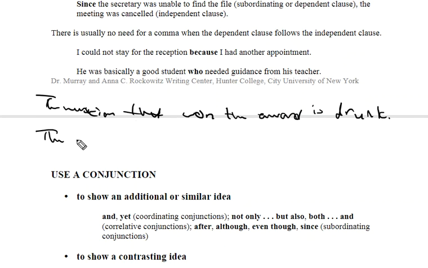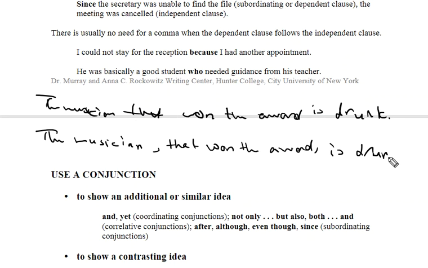The musician, that won the award, is drunk. If the emphasis is on him being drunk rather than the one who won the award. Okay, but we give this information to be more specific or to give more insight. If this information is not essential, let's pretend that this is not essential.